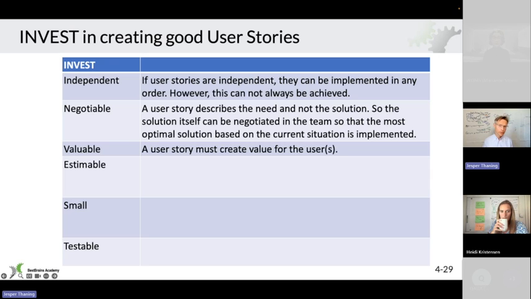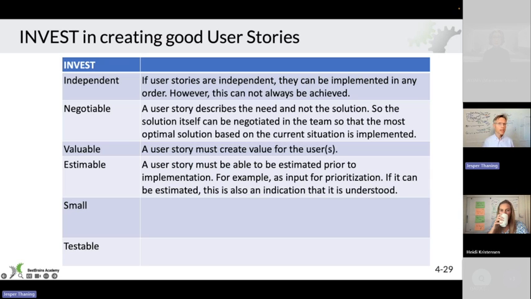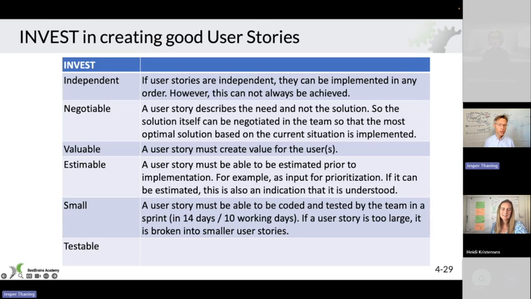It has to be valuable, of course. Why else do it? And if the team can estimate these stories, they probably also have a good idea about it. If they cannot really give it an estimate, it's probably vague or it's not really easy to deliver. And if we can make it small enough to deliver in 2 weeks, then it's easier for the team to manage it and we can have a flow of work in the team.